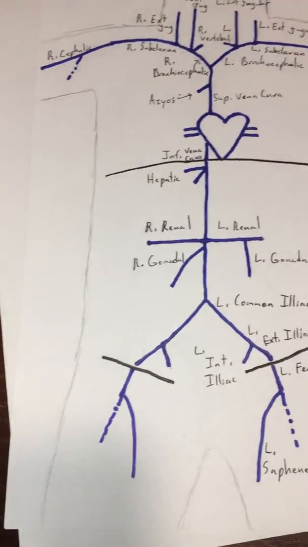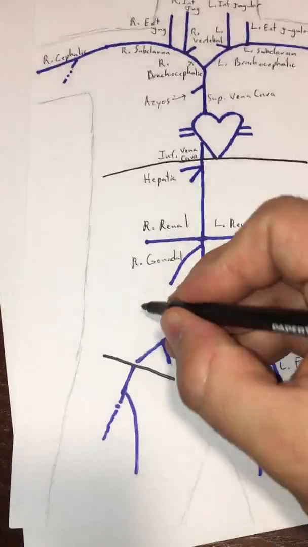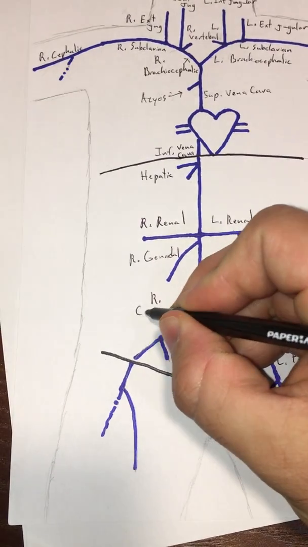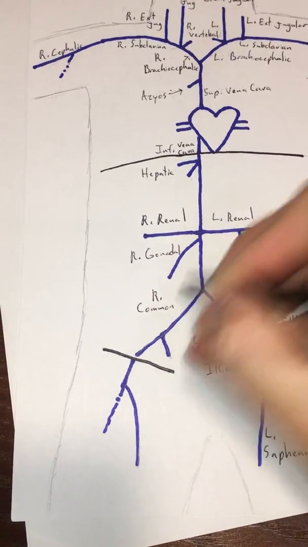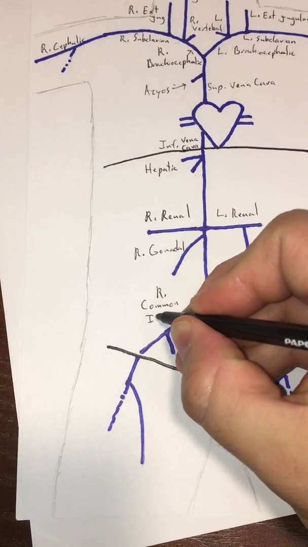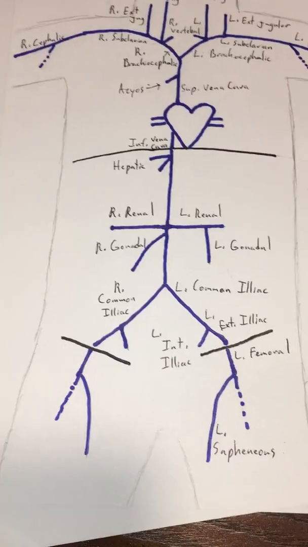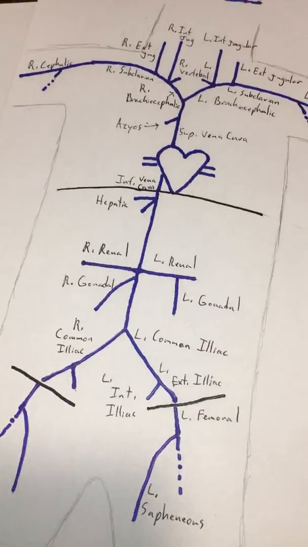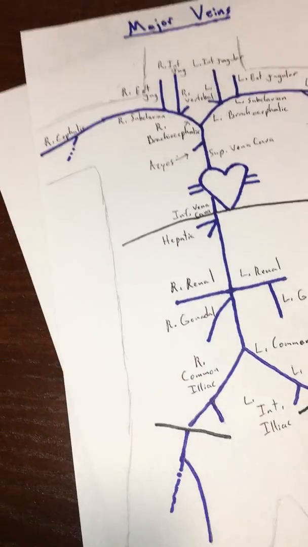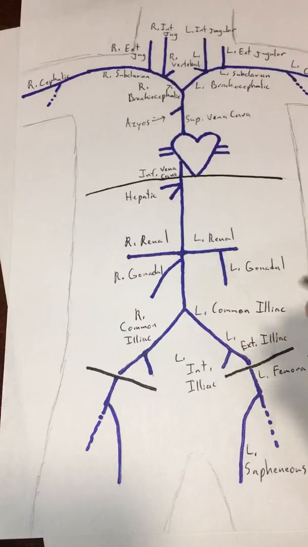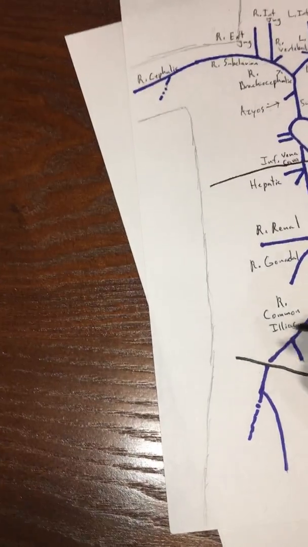All right, let's finish the right side. So, right common iliac. And if someone wants to be my videographer, I'd really appreciate it. It's really hard to draw with one hand, but we're getting it done. Gotta do what we gotta do with this coronavirus.